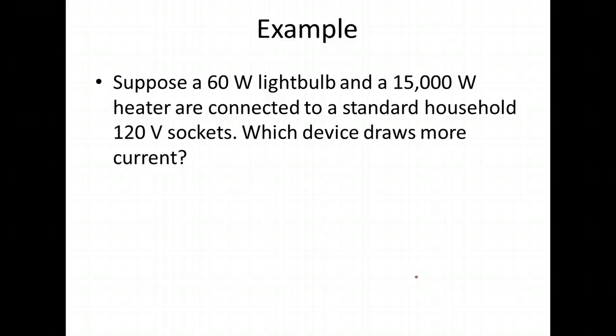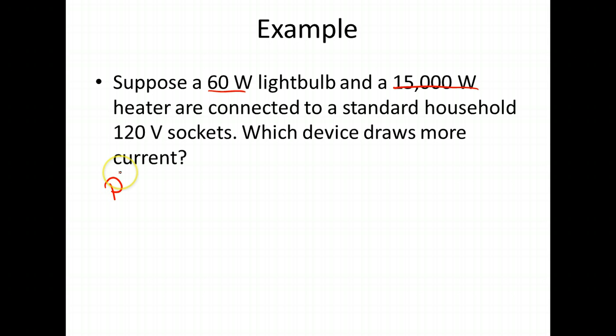Okay. So let's say we have a 60-watt light bulb and a 15,000-watt heater. I literally looked at the heater in my office, and it's got it printed. And they're both connected to standard household outlets, which are 120-volt sockets. Which device draws more current? And so those numbers, 60 watts and 15,000 watts, what are those measures of? Yeah, power.